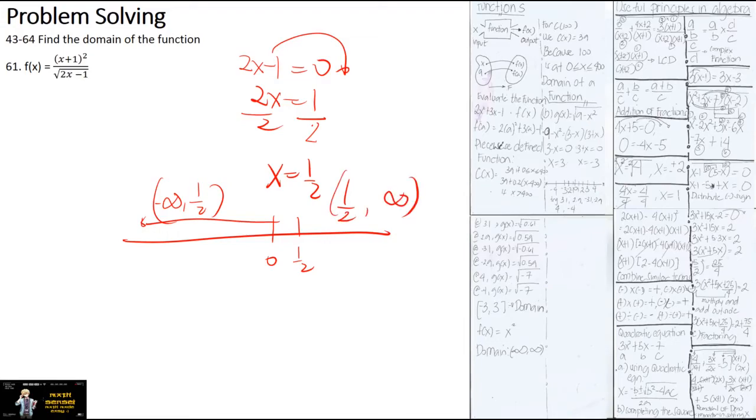By checking, try substituting 0.25 siguro or 1/4.